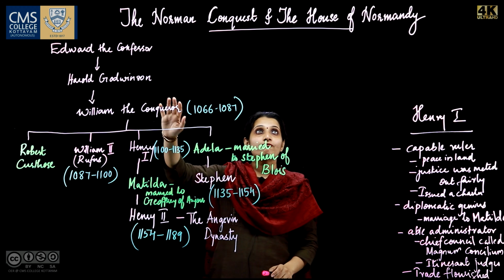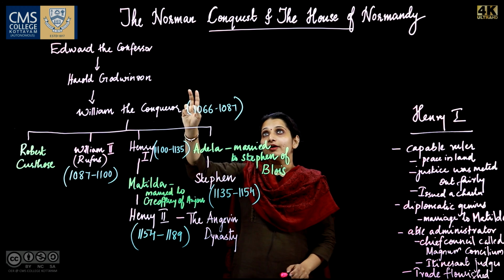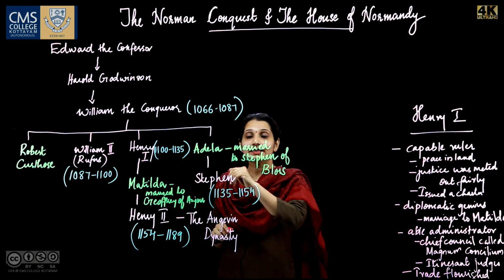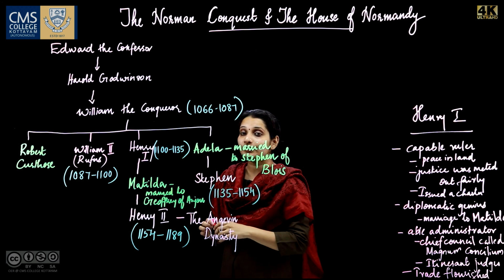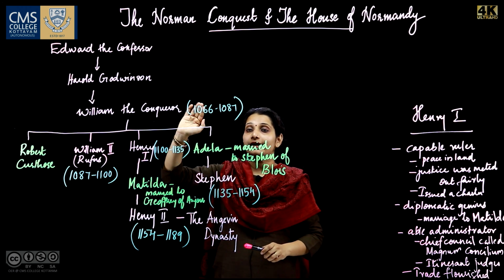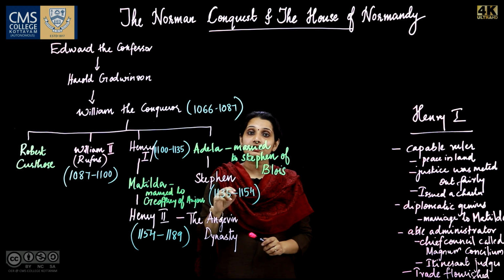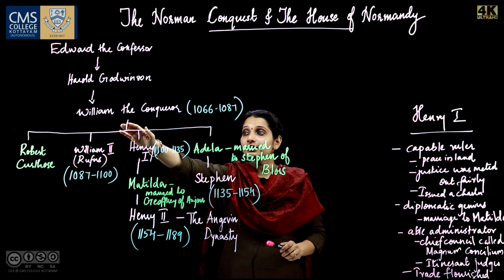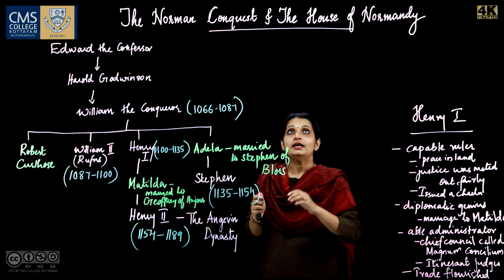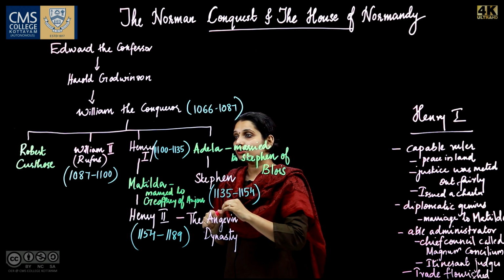So we have 4 kings after the Norman conquest belonging to the house of Normandy that ruled England, starting from William the Conqueror. William the Conqueror defeated Harold Godwinson in the Battle of Hastings and ascended the throne of England in 1066 as the first king belonging to the house of Normandy.